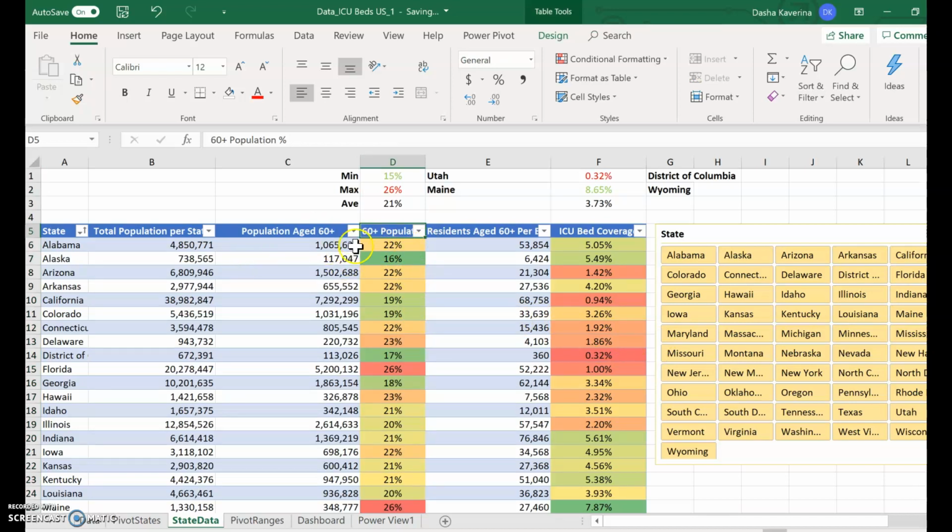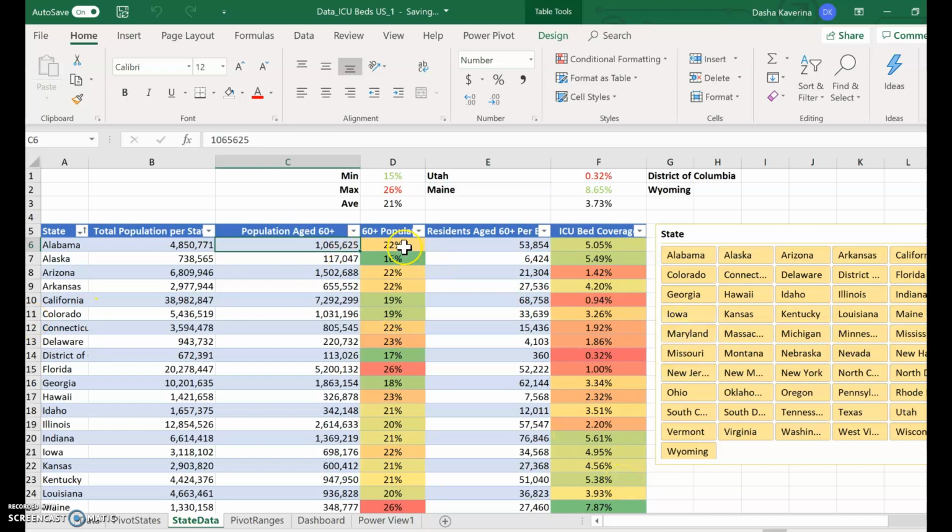Then I wanted to see what is the ratio or the rates out of these people who are able to get, if necessary, a bed at a hospital. So I created this ICU bed coverage ratio, which is just a proportion of the beds available per the population over 60.